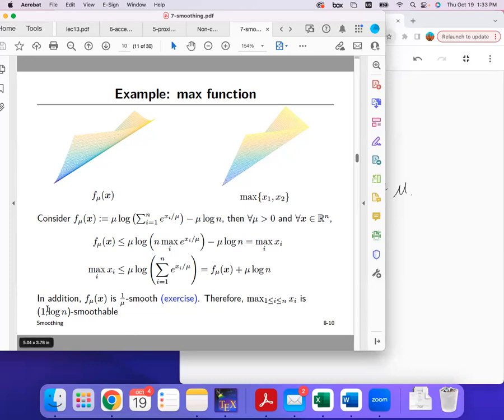This beta depends only on the log n, so it's not a very critical number. And in practice, you can use these functions to approximate these maximum functions or L1 functions, if you don't want to handle these non-smoothness.